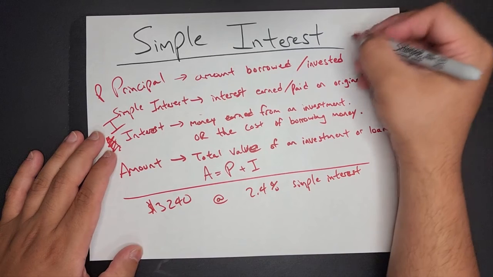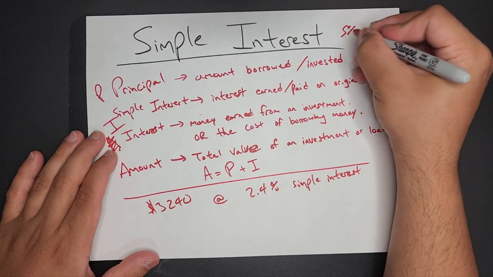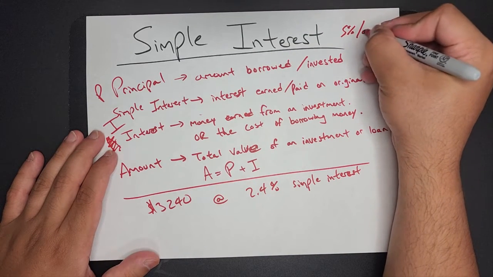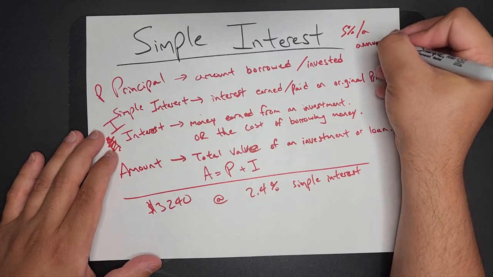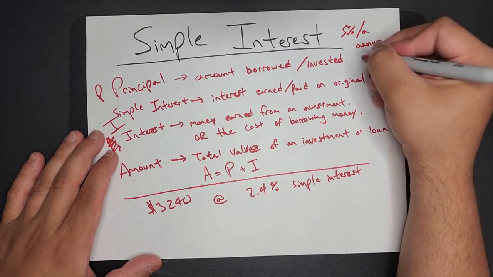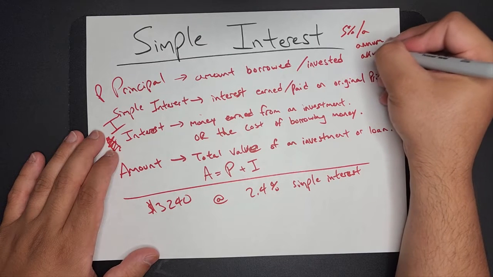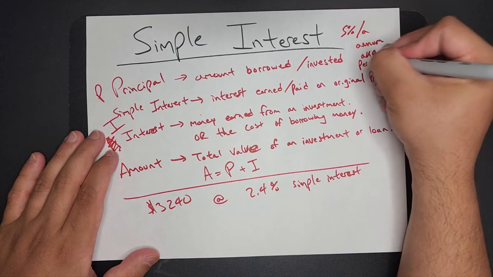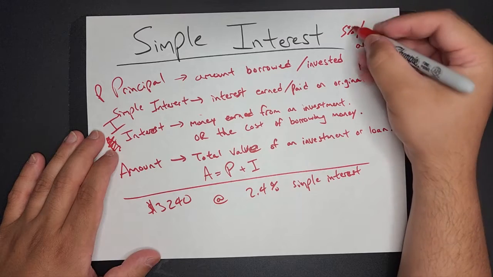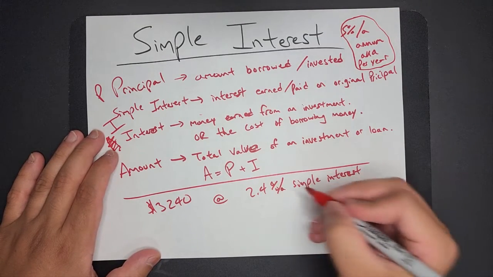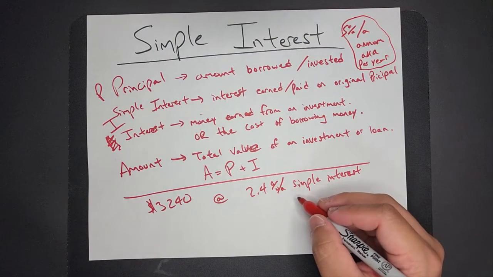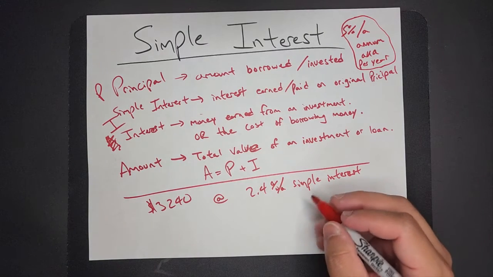This is shorthand. If you write 5% per A, that means per annum, which is another word for yearly. So that's just one thing you gotta put there.